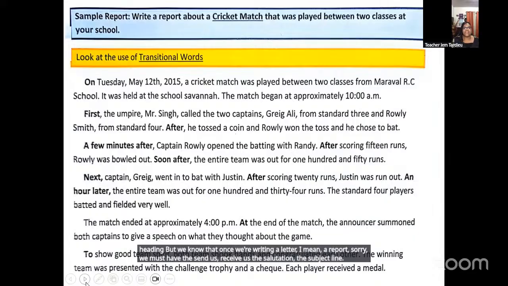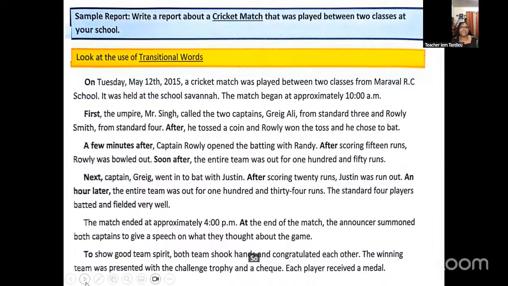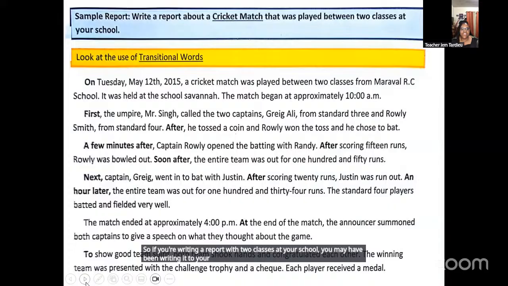So this report says, write a report about a cricket match that was played between 2 classes at your school. So you may have been writing it to your vice principal, or your sports master or sports mistress may have asked for a report on what took place. So again, our intro, body part of the letter now.